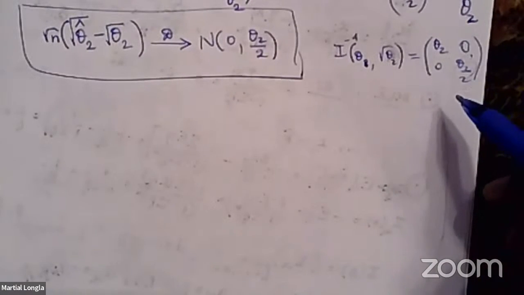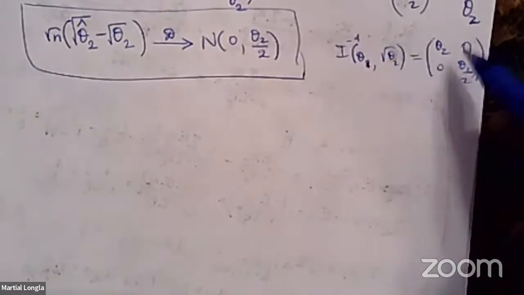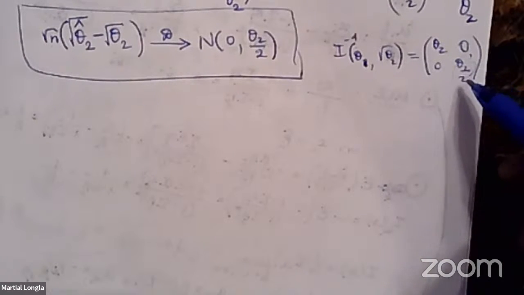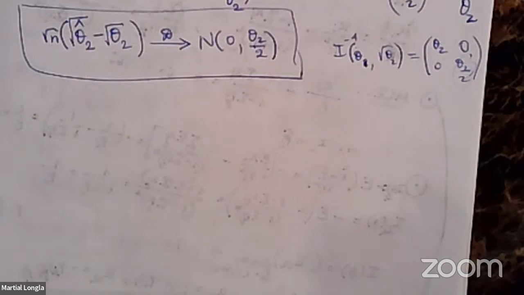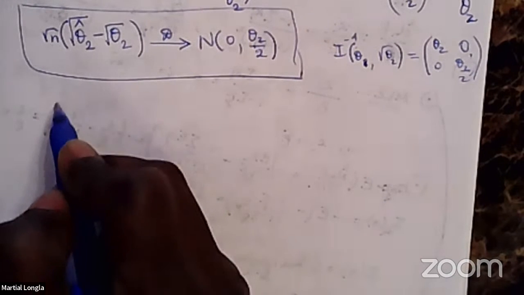Why did I say that we need to invert this and then take this number here to use inside here? Because in the formula we take the inverse of the matrix and not the inverse of that particular value.